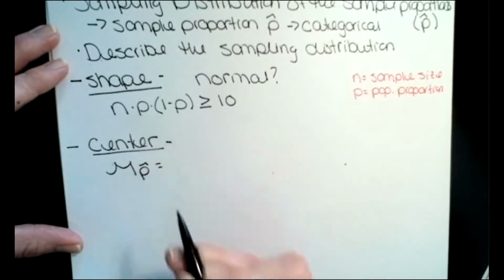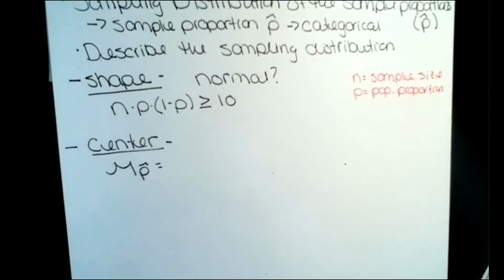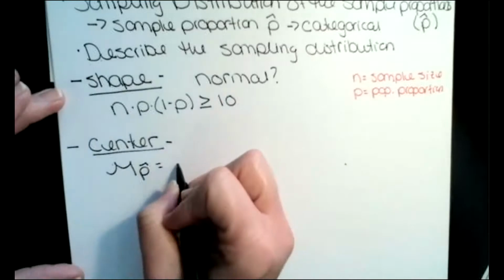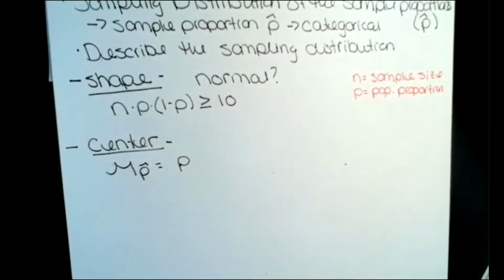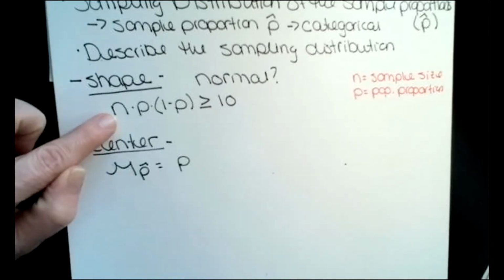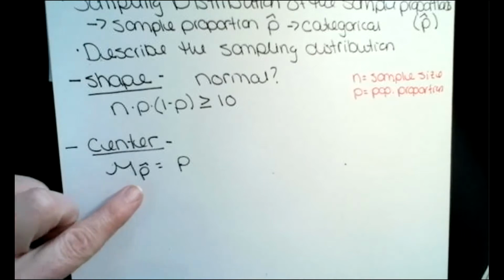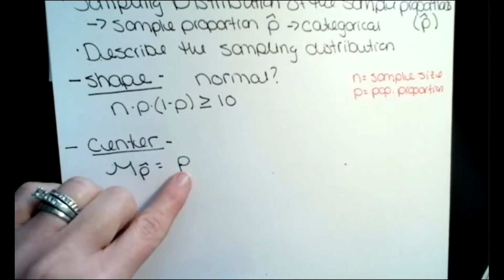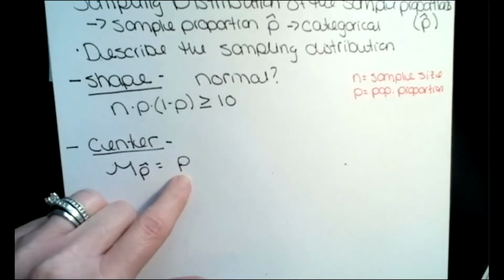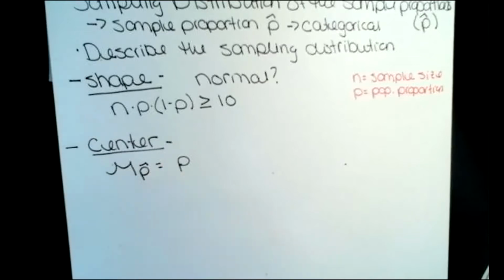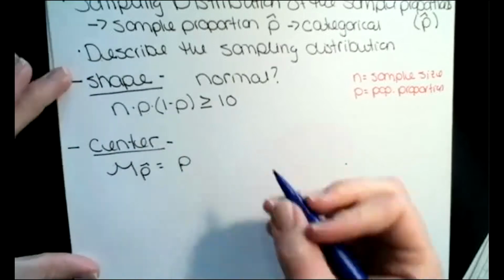So I'm going to take all of my sample proportions and average them. This will come right back down to P, because I'm taking all distinct samples of size n. When I take the average of all those sample proportions, it should come down to my population proportion.